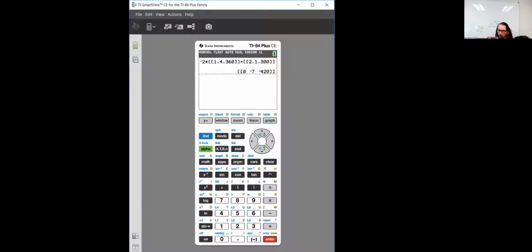Now that does mess up our one that was on this part of the diagonal, but we're going from left to right. So let's see here. All right, now we've got an unchanged row 1 and 0, -7, -420 for row 2.